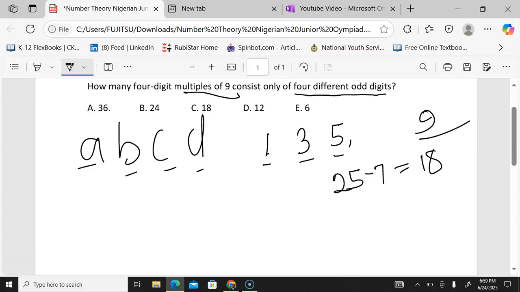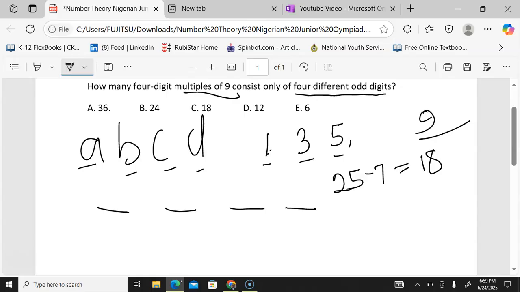It could start from 1,000 and something, or from 9,000 and something, but it cannot have any digits except these 4 digits. So how many ways can I arrange these 4 digits to make a 4-digit number? How many permutations of these 4 things do we have? That is the total number of numbers that meet our requirement.